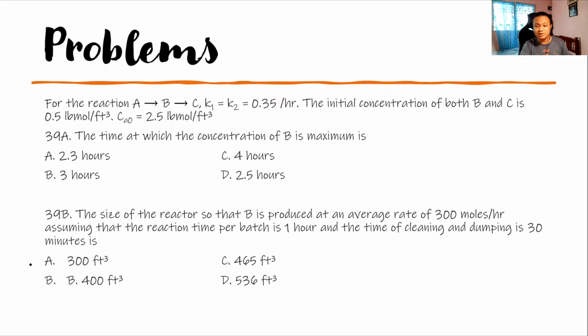So the time at which the concentration of B is maximum is, and also for number 39B, the size of the reactor so that B is produced at an average rate of 300 moles per hour, assuming that the reaction time per batch is 1 hour and the time of cleaning and dumping is 30 minutes. So we are to find the volume of the reactor. Okay, these are batch reactors, guys.